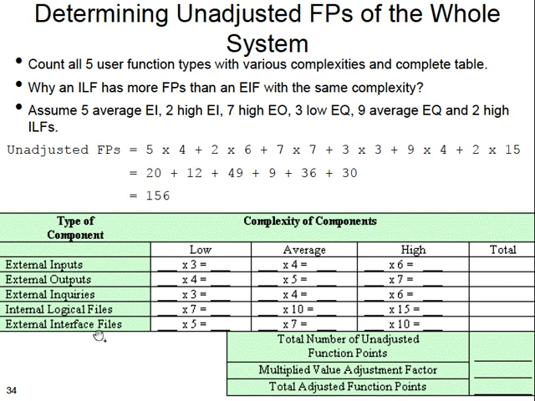You can see that EIF, for the same complexity, has a lower function point value. That makes sense, because if it's an internal file, you have more to worry about, for example, updating it and so on. So this will result in slightly more function points.